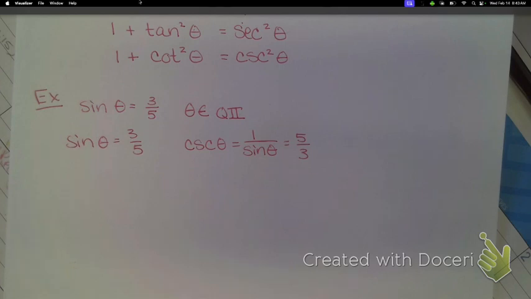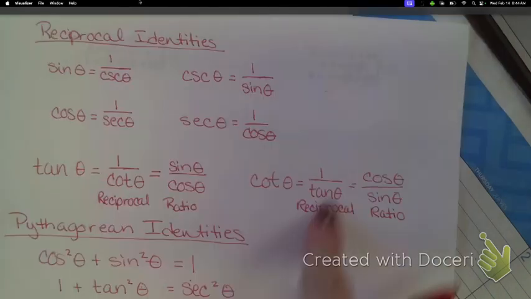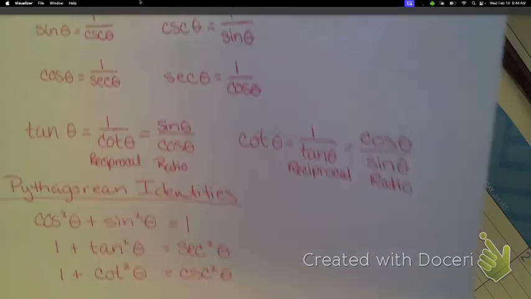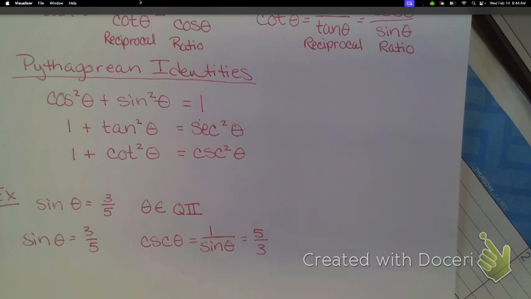Okay, so what function do you want to go to next? Because we have sine and cosecant, and these identities are all we can use. I thought we were just supposed to use Pythagorean. No, you can use the Pythagorean identities, you can use the reciprocal identities, and you can use the ratio identities, but you can't use the Pythagorean theorem.